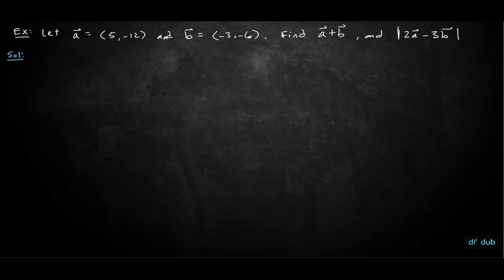So the first one, A plus B, pretty easy. Just add those two together. Add the corresponding components. It's going to be 5 plus -3, and -12 plus -6. And that's going to end up being 2, -18.